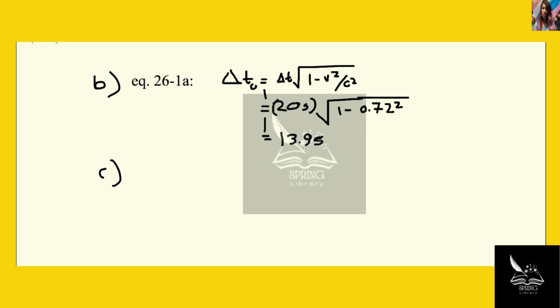Part C. How fast did you appear to be traveling according to your friend? So this is where we use a very central idea of special relativity, which is that relative speed will be the same as your friend's.